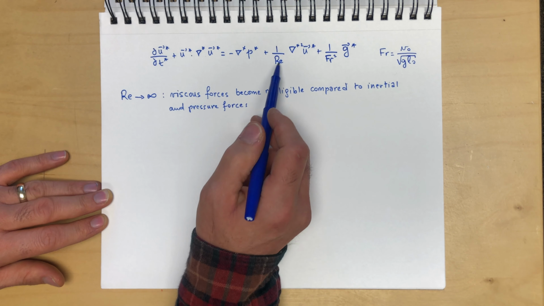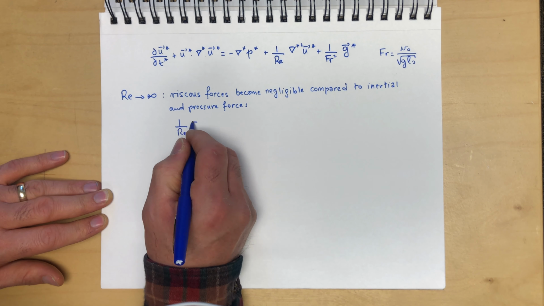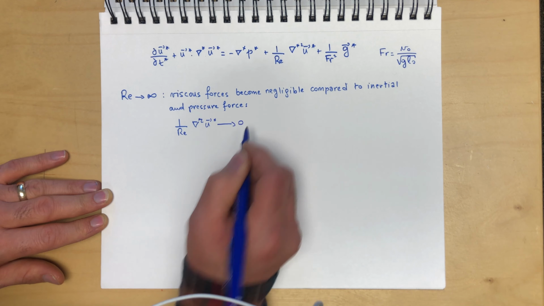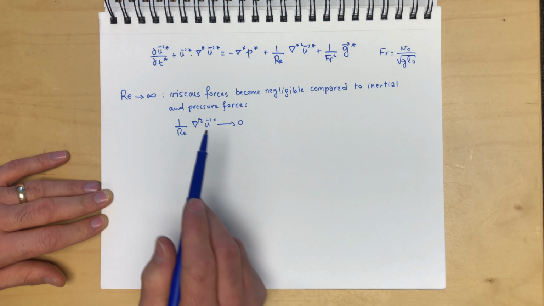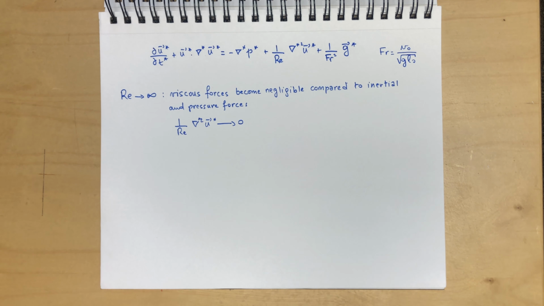Okay? And therefore, this term approaches zero. Doesn't mean that there are no more viscous forces. So this is technically not an inviscid flow, but we call it inviscid. But that's the wrong nomenclature. It's just that the viscous forces are so negligible that they have no effect on the governing equation.